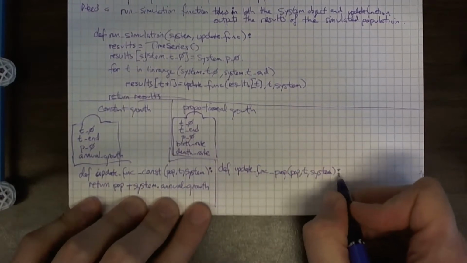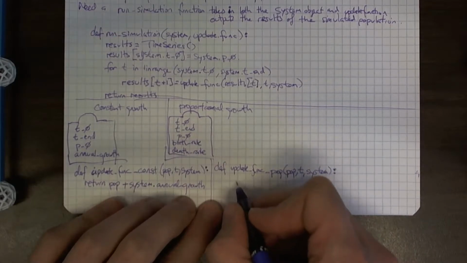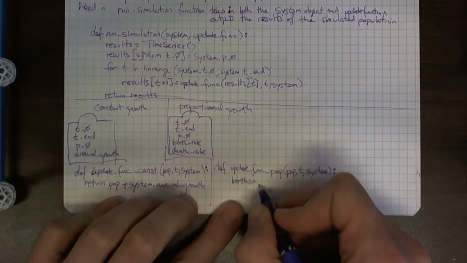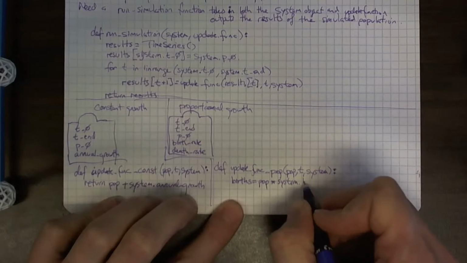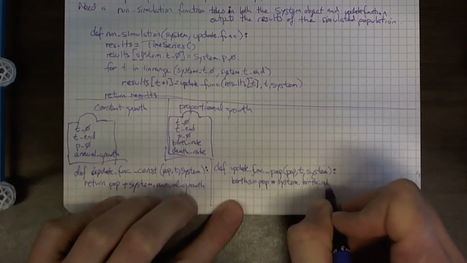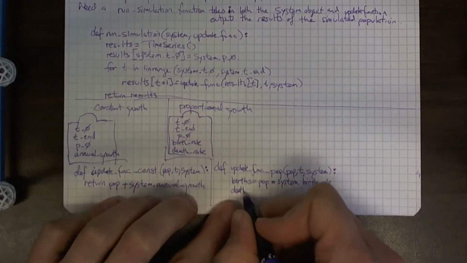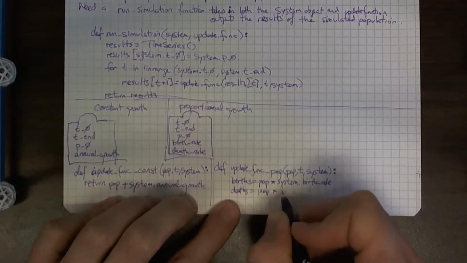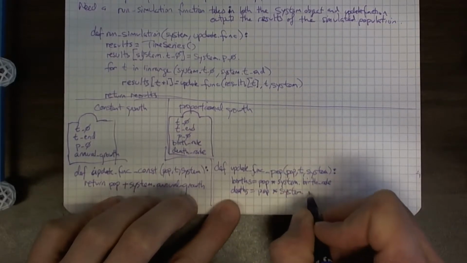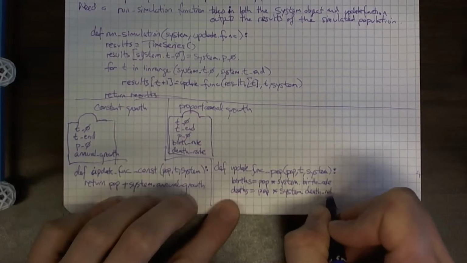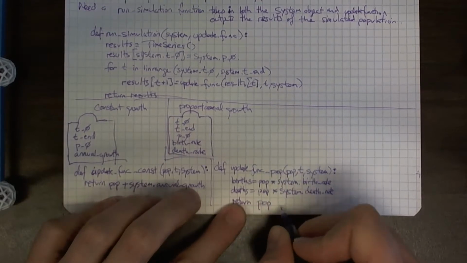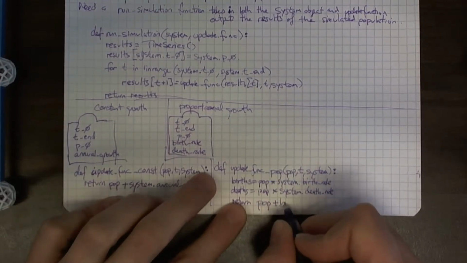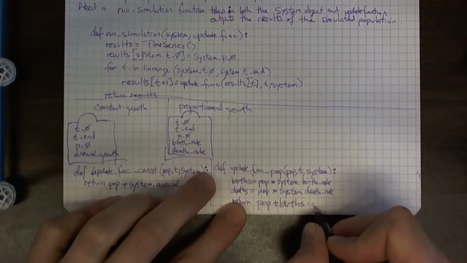Let's define the number of births to be equal to the population times system.birth_rate. We define the deaths to be equal to the population times system.death_rate. And then we return the current population plus the number of births minus the number of deaths.